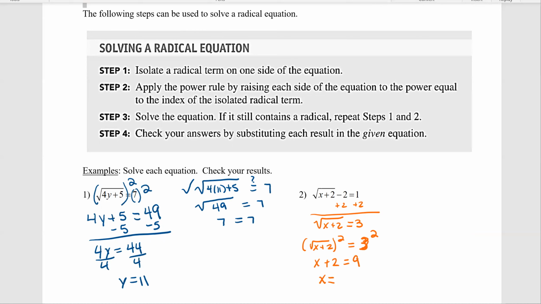Subtract 2 from both sides. X is equal to 7. Let's check to make sure x equals 7 is a solution. And sure enough, 1 is equal to 1, so we know our solution of x equals 7 is correct.